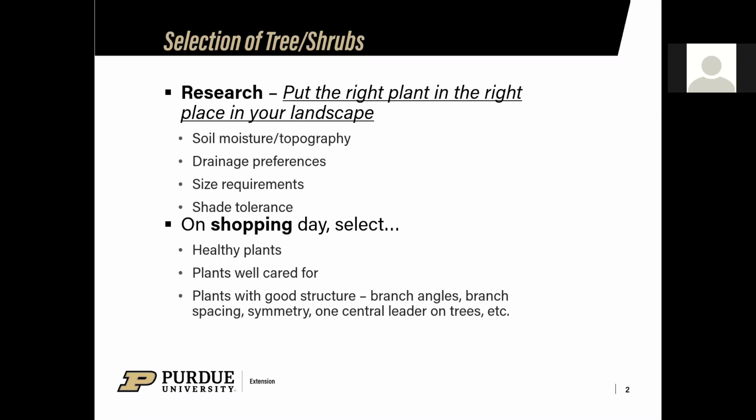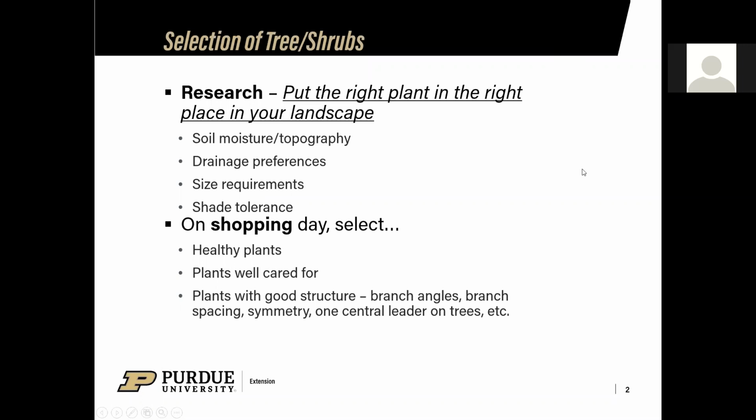Make sure that it's healthy. Flip the leaves over, investigate that plant. You don't want to bring any more disease or insect problems home to your landscape than you already have. You have enough problems already, so we don't want to bring any more troubles home.